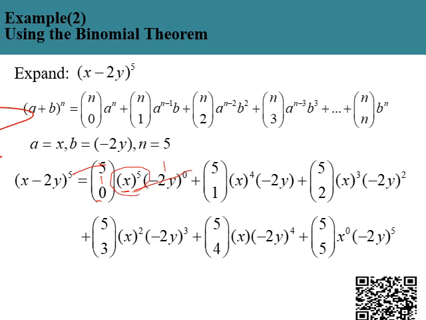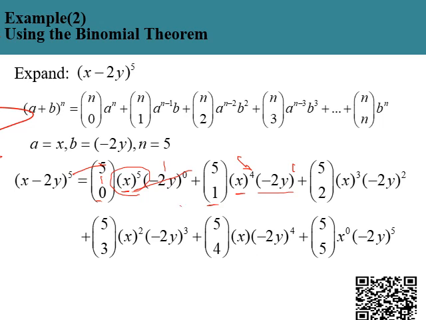Then, as we said, every term in the binomial expansion consists of 3 components. First, the binomial coefficient. Second is the first term, and third is the second term. Notice that 5 minus 1 gives me 4. So I figure out this 4 by subtracting 1 from 5, and -2y to the power of 1, the base of the binomial coefficient here is 1.